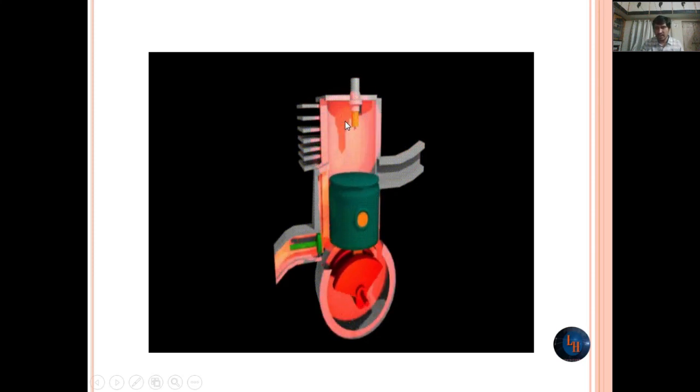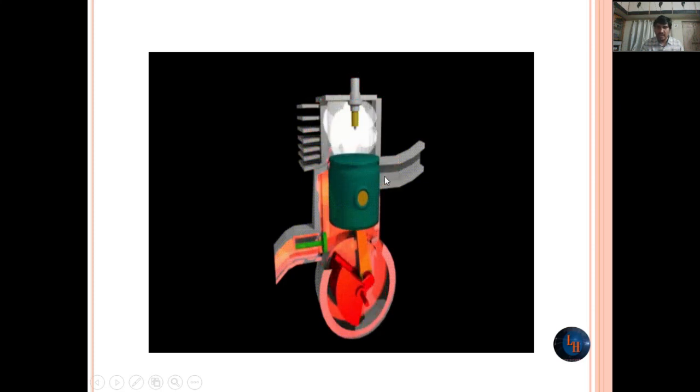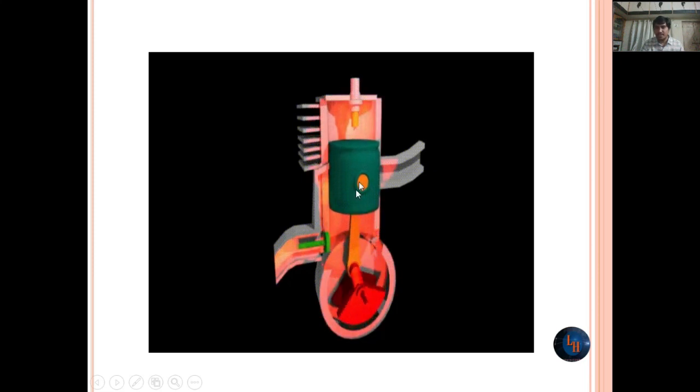With the use of this heat, the piston travels from TDC to BDC, and firstly the exhaust port is open. Through this exhaust port, the burnt gases come out from the cylinder to the atmosphere. Also, the transfer port is open. Through this transfer port, we can supply the fresh air which came from the inlet port into the crankcase and which is compressed by the piston when it travels from TDC to BDC.